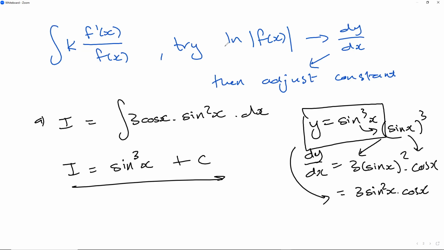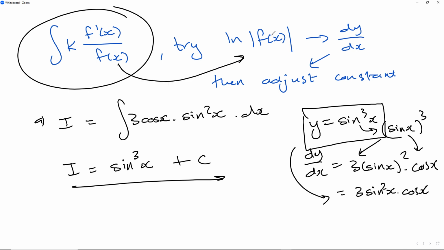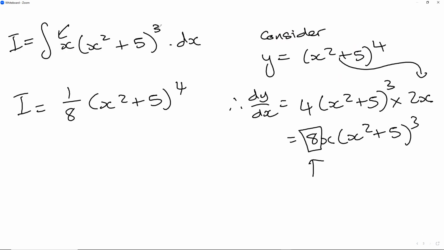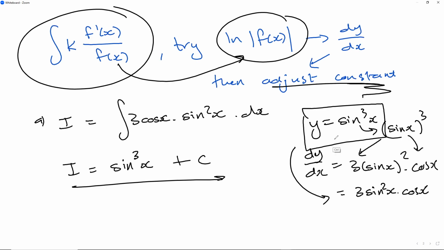So we've got this. We consider ln, or we consider the function as a power. In this case here, we're actually not considering ln, we're considering the reverse of power rule by adding 1 to the power in the bracket and then adjusting the constant every single time.